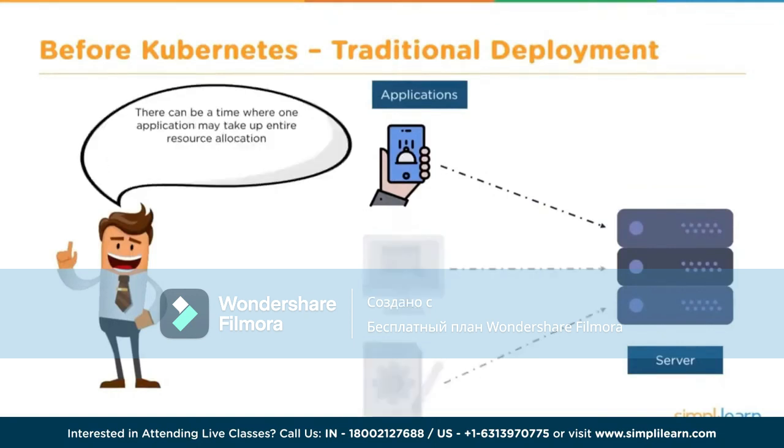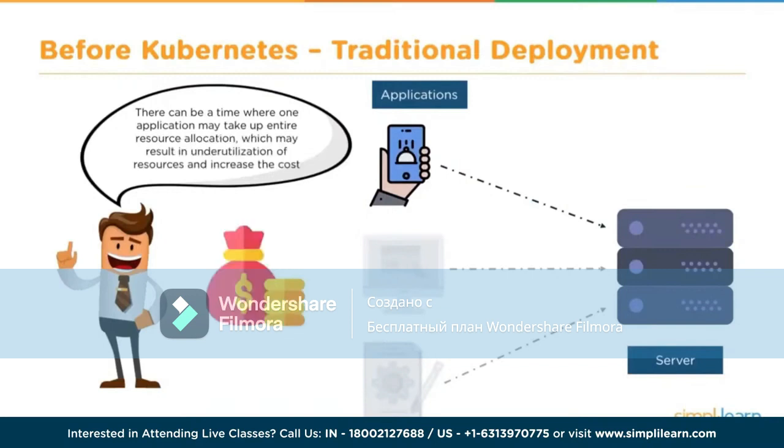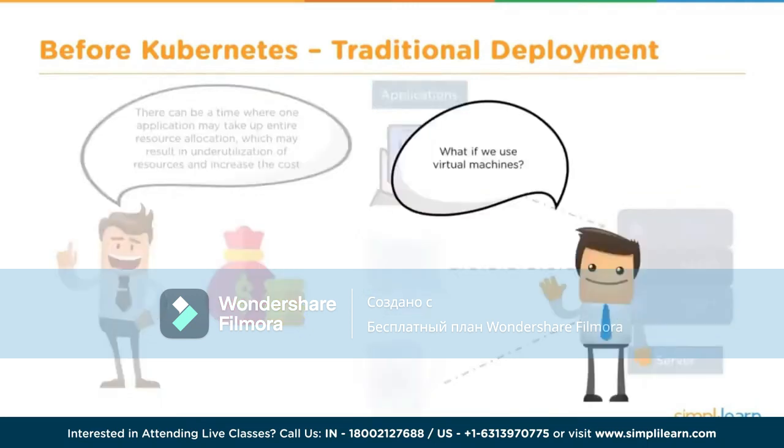There are going to be problems with resource allocation, and applications may not be load balanced effectively across the environment. The problem with this kind of infrastructure is that it gets very expensive. You can only install one piece of software, one service, on one piece of hardware, so your hardware is massively underutilized. This is where virtual machines have become really popular.